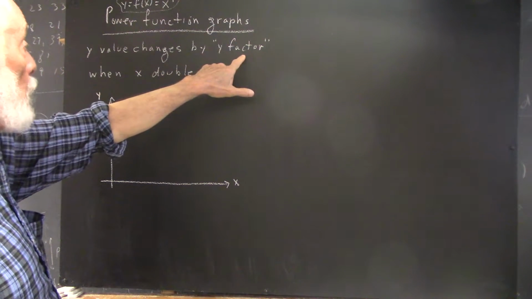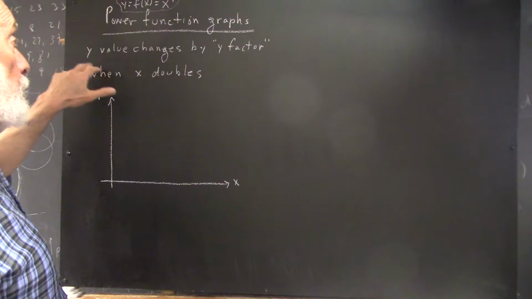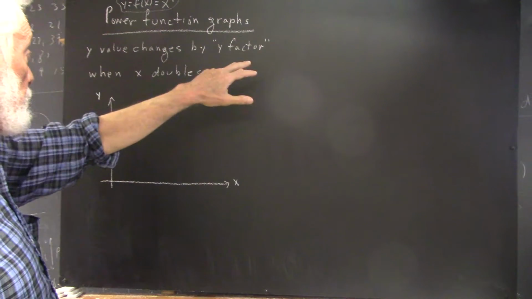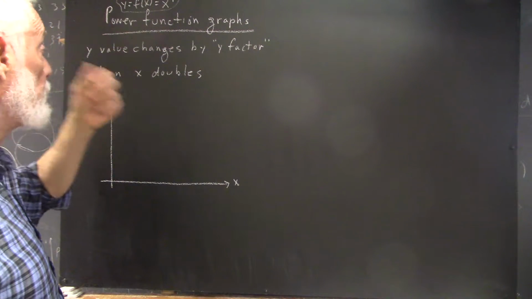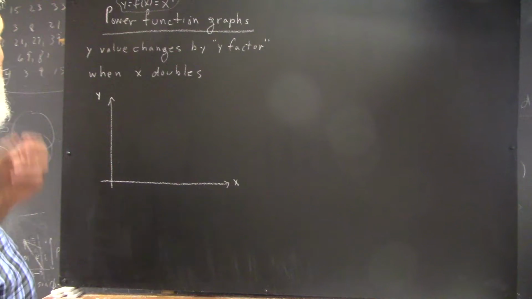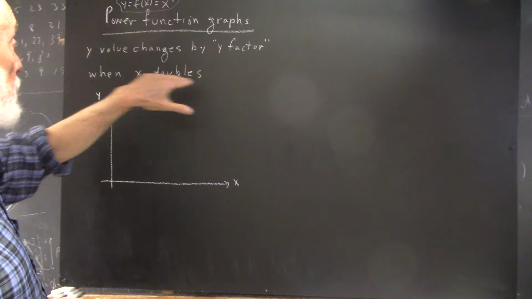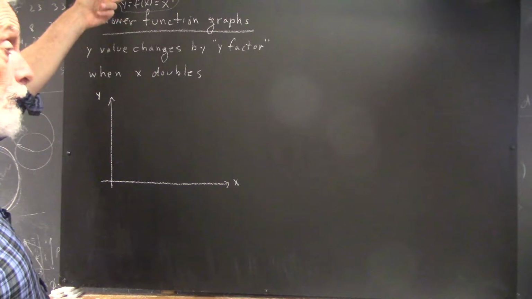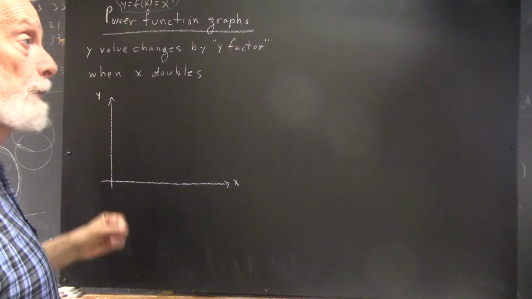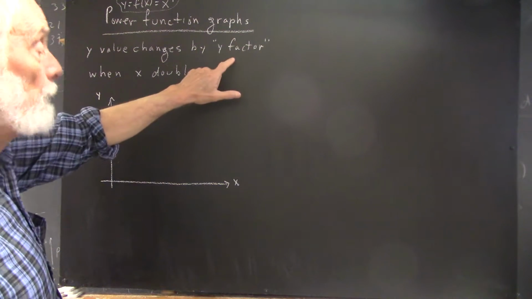There's some y factor such that the y value always changes by that factor whenever x doubles. And conversely, if you construct a graph by this rule, it will be the graph of some power function, and which power function is determined by the y factor.